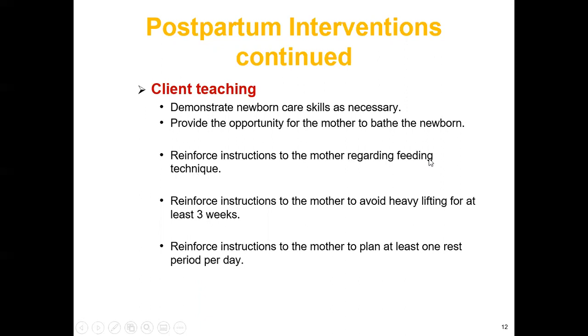Reinforce the instruction to the mother to avoid heavy lifting for the last 3 weeks. Reinforce instruction to the mother to plan at least 1 rest period per day.